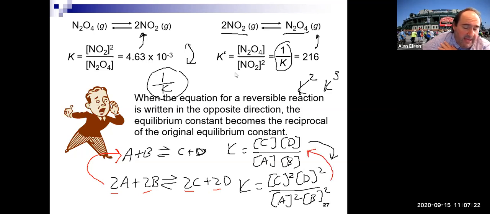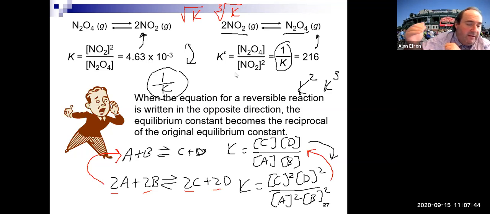When we're dividing by 2, we take the square root of K. If we divided by 3, we would take the cube root of K. Divided by 4, you take the 4th root of K. So if you multiply by a common number, you take K to that exponent.